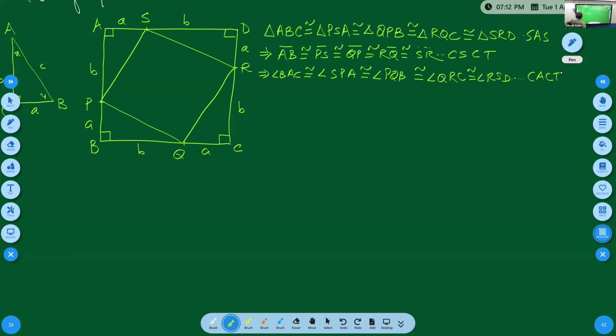And there is one more angle, BAC, ABC, that is correct. So the first statement also implies these: angle ABC congruent with angle PSA, congruent with angle QPB, congruent with angle RQC, congruent with angle SRD, again by CACT.